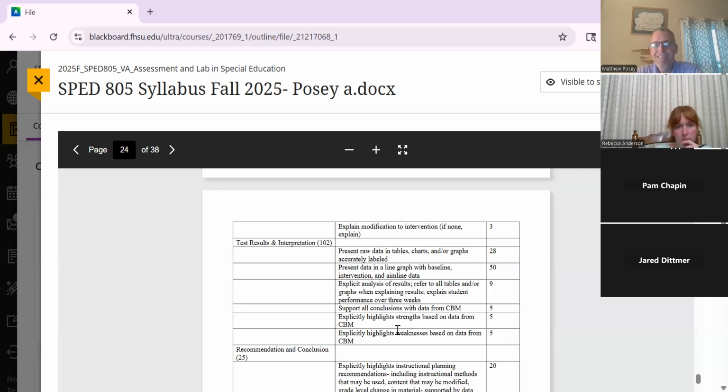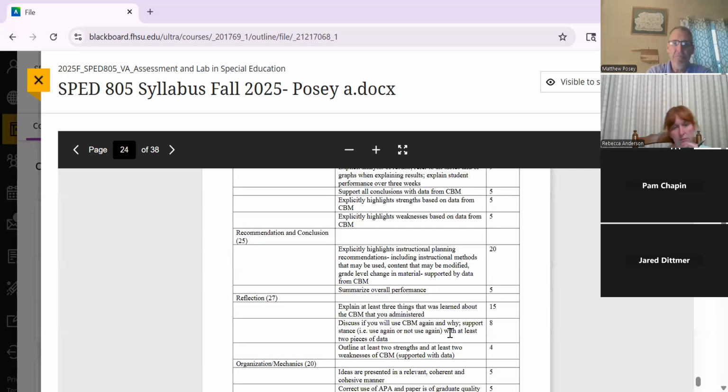You want to make sure in this section that you highlight strengths based on data from the CBM, not data from the norm-referenced test or the informal, but data that you're seeing from the CBM probe that you're administering, and then also highlight what you felt were some weaknesses based on data from the CBM. Again, you're just identifying some strengths and then some areas that you feel the student needs to improve on.